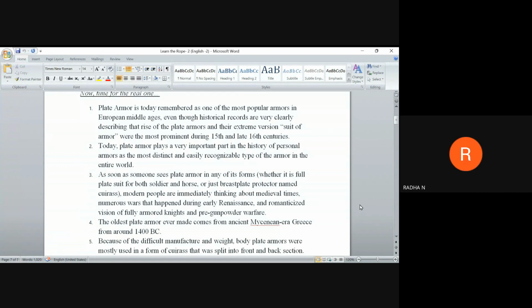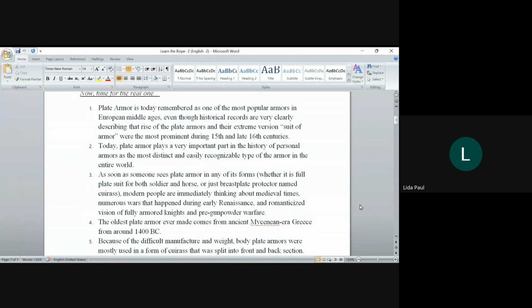Modifies an adjective. Correct. Modifies the adjective popular. So most, yes. Most is an adverb. Any other adverb? There's one more. Today, right? Today is also used as an adverb.